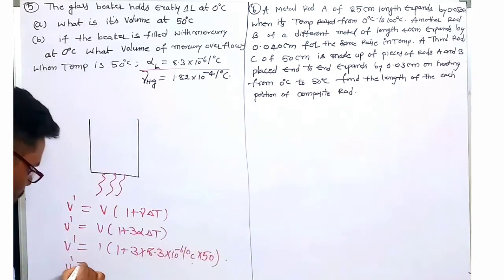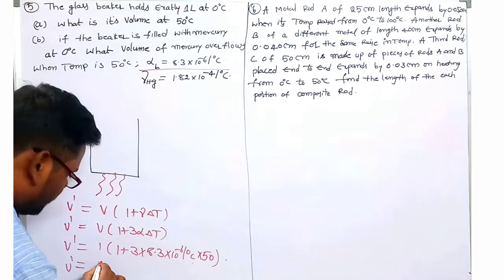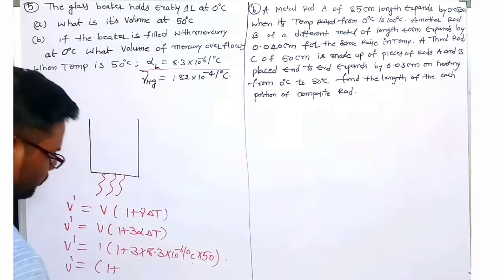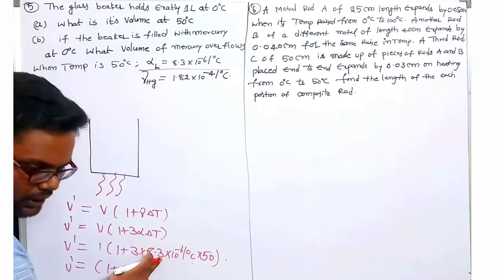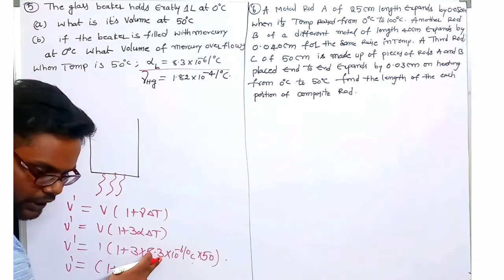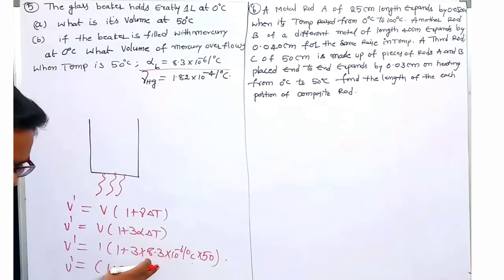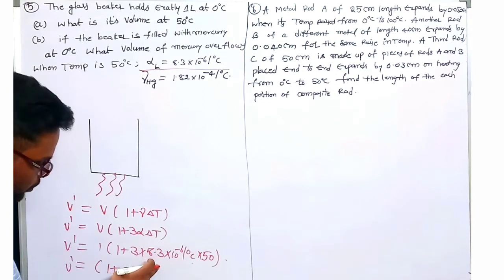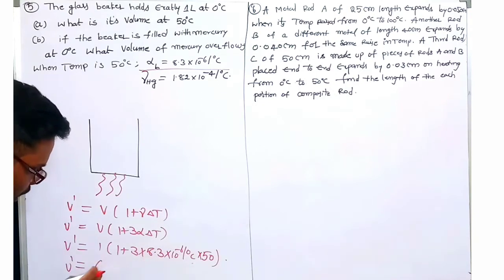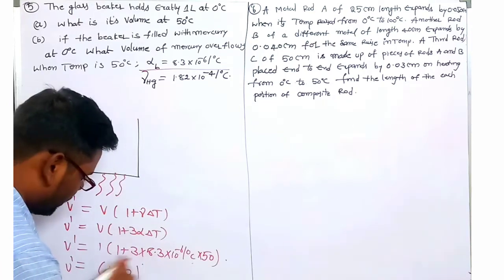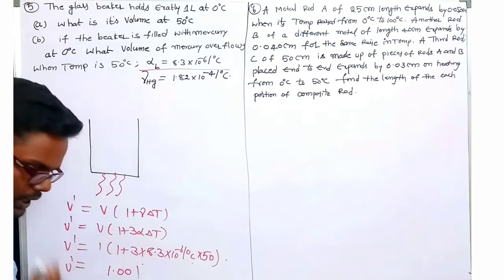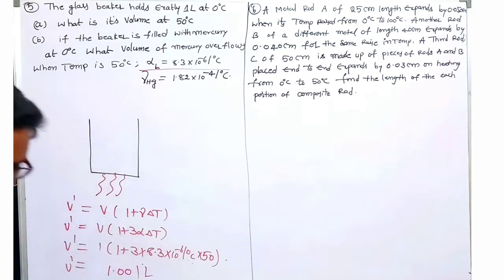So V dash is equal to 1 into 1 plus 3 into 8.3 into 10 to the power of minus 6 into 50. Finally, if you solve this, we get 1.001 liters, isn't it?